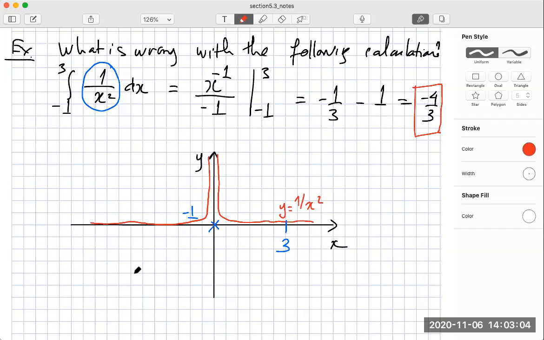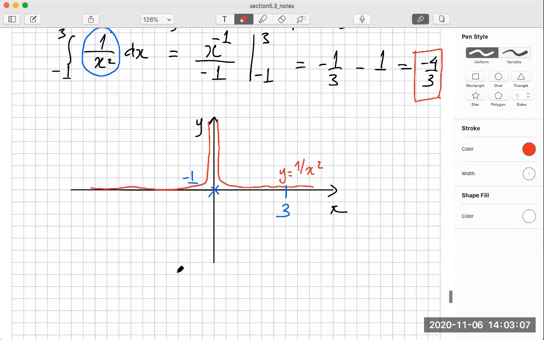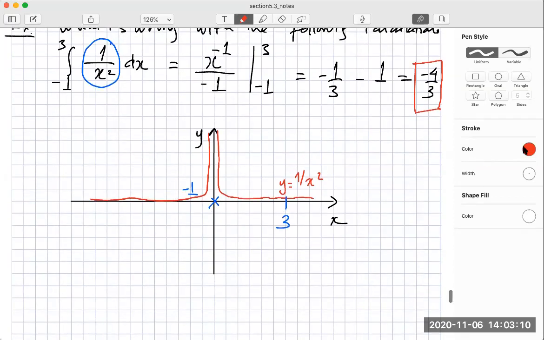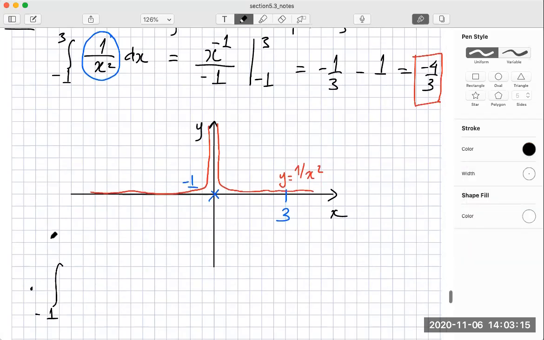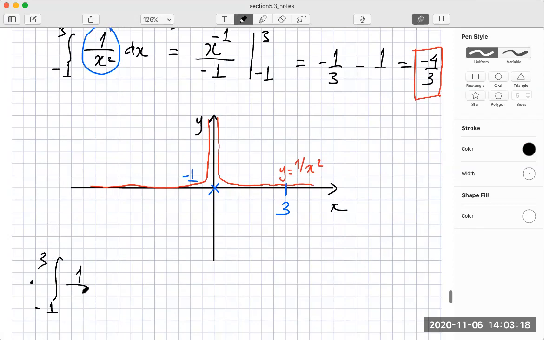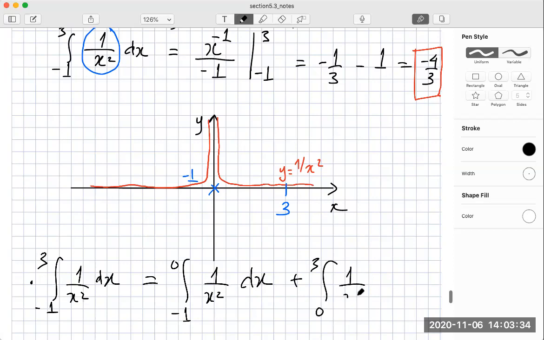So, in order to do this, because there's a discontinuous point right here, what we could do is to separate this into two integrals, right? From definition, we can compute the limit of these two.